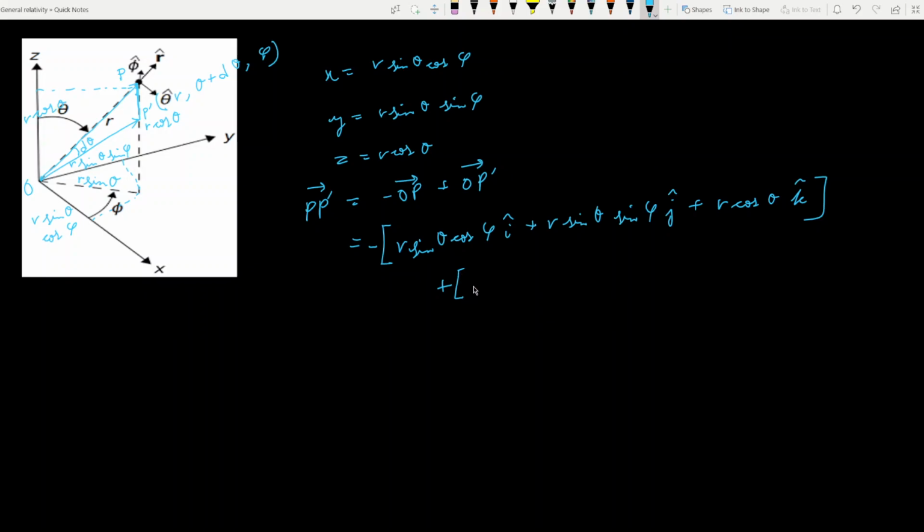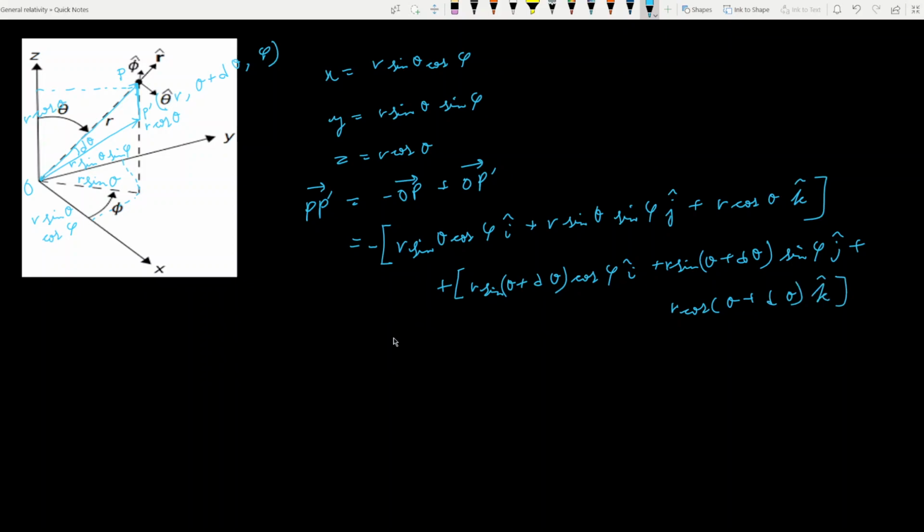So this should be r sine of theta plus d theta cosine of phi i hat plus r sine of theta plus d theta sine of phi j hat plus r cosine of theta plus d theta. That's in our k hat direction, right?